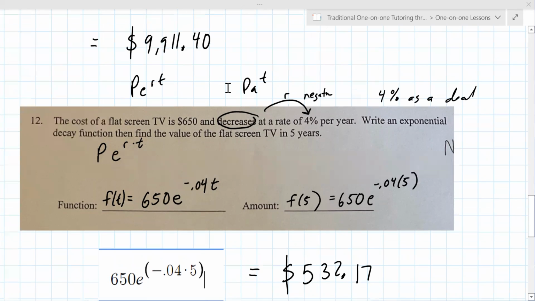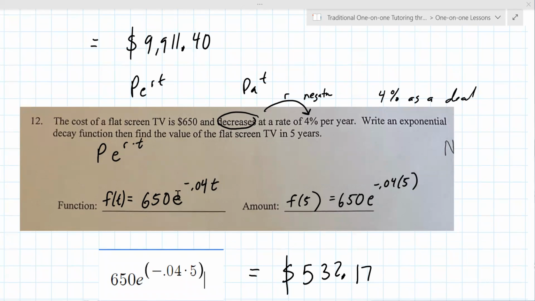They're related. PERT and PAT are related, but what I don't want is for you to go to your teacher and they say, "How did you know this? We haven't touched this yet," and then you have a problem because of that. Yeah, we do 12. Okay.